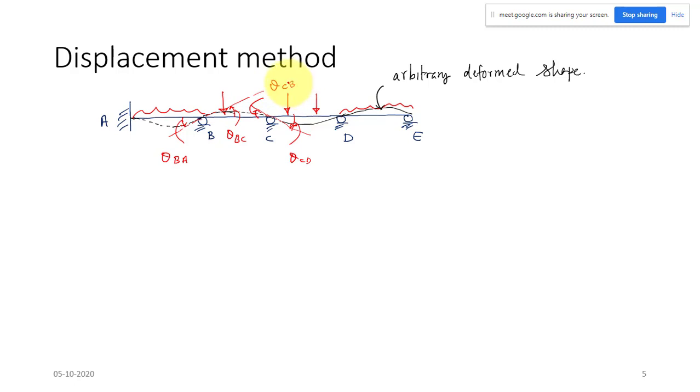Similarly at support D we have anti-clockwise theta DE, and this is theta DC. And here also we have theta ED. So these are the degrees of freedom in this beam.